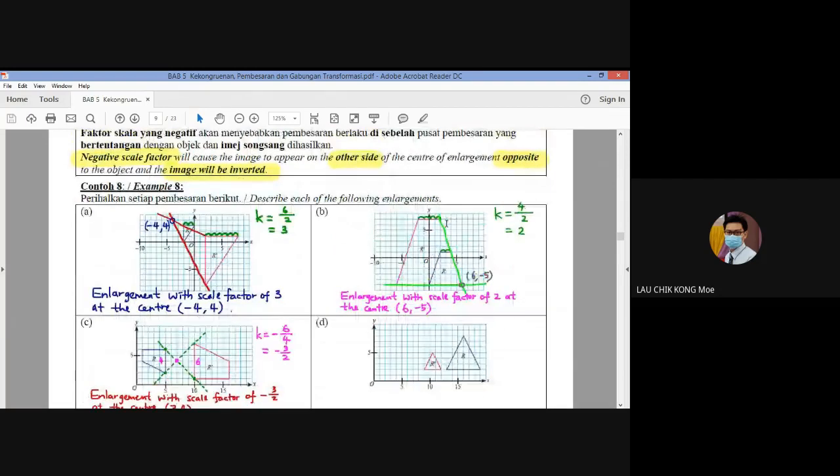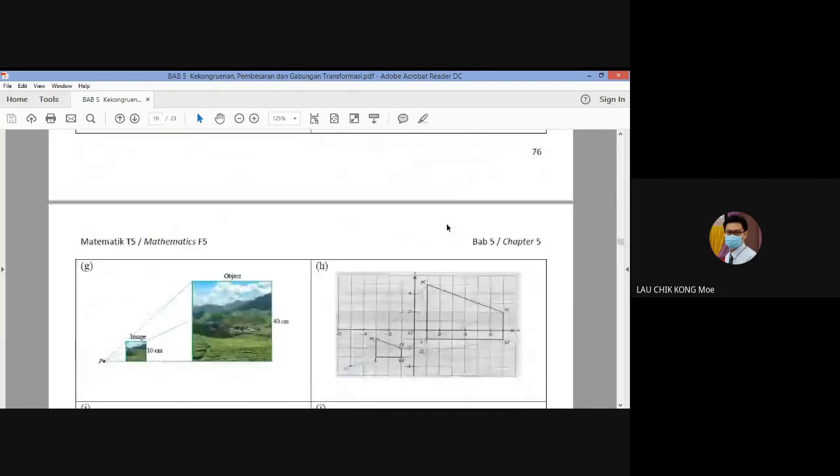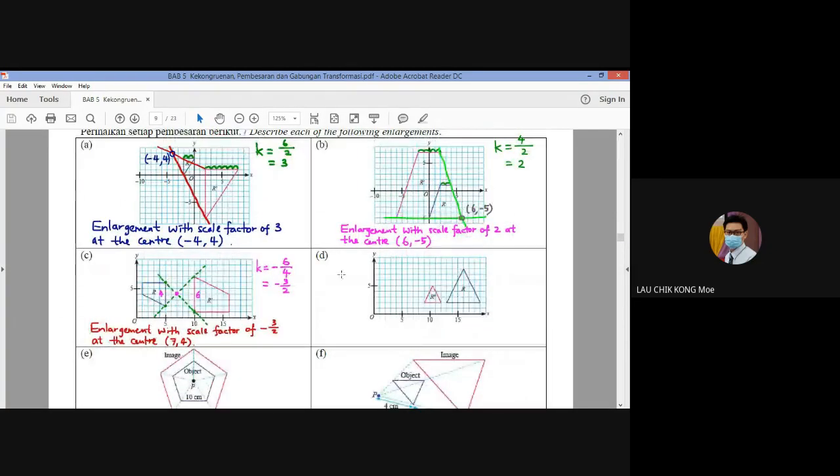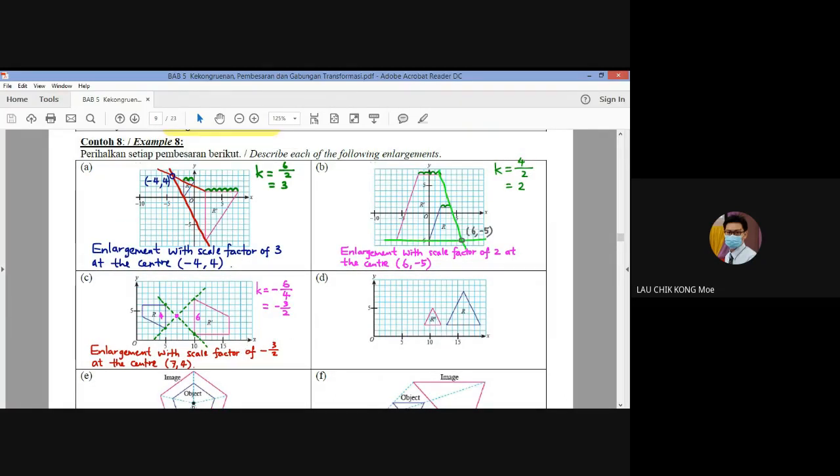You just snap example 8, A to J. By 8:30 or before, you can send example 8 into our Telegram group.